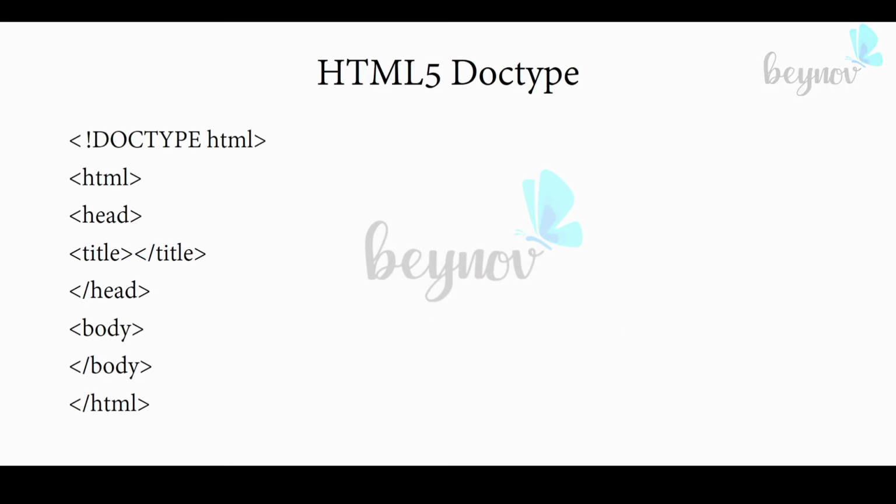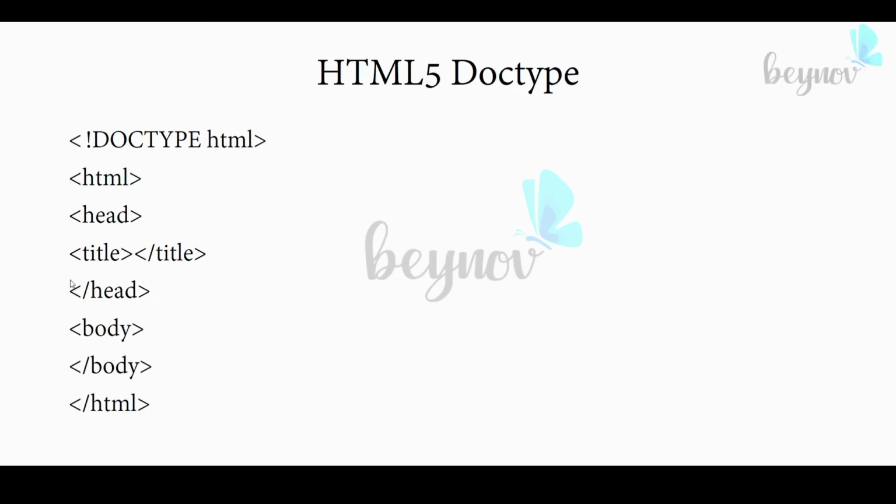HTML5 doctype is what we are going to cover in this course, and it's a very simplistic doctype. As you can see, in comparison to HTML4 and XHTML, it's a very simplistic doctype. We have right here the declaration at the beginning of our HTML page, this doctype HTML, and then it's embodied with this starting tag and closing HTML tag right here.